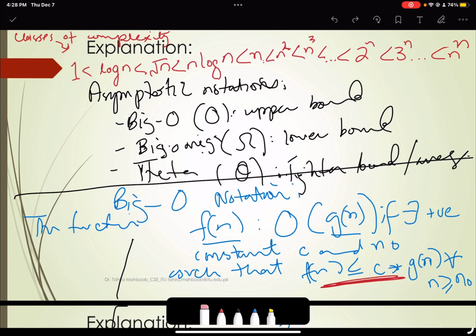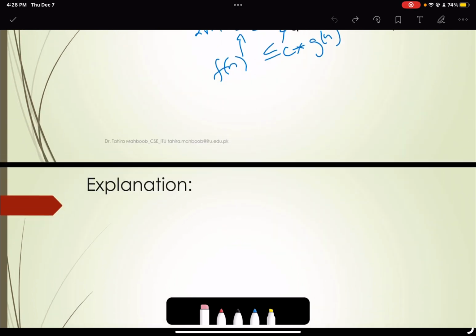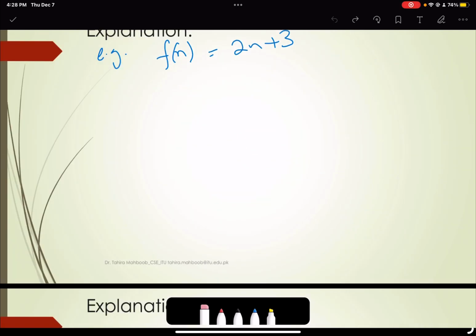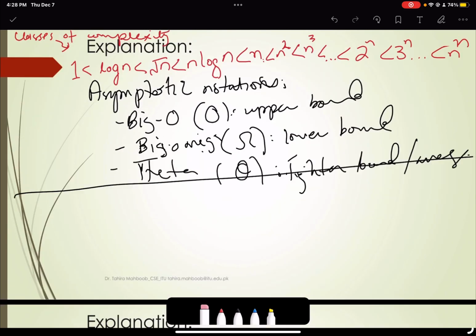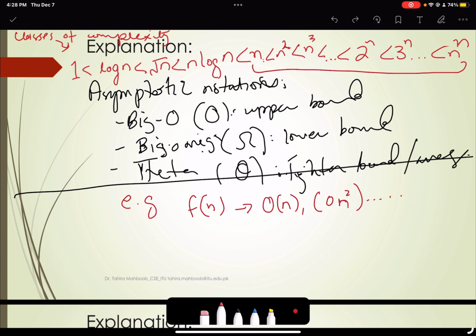We have come to the conclusion that yes, your f of n function in this example was true for n squared and functions that are in the upper bound. They are true but not useful. So we take the least class of function, big O of n, as the upper bound.